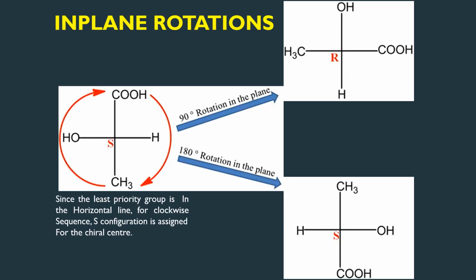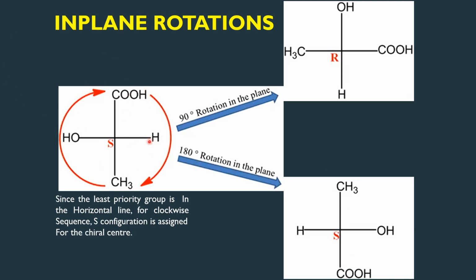Here is another example for the in plane rotations. The S lactic acid after 90 degree in plane rotation becomes R lactic acid. The same S lactic acid after 180 degree in plane rotation remains as S lactic acid. So now you can assign the priority numbers and you can read the numbers.